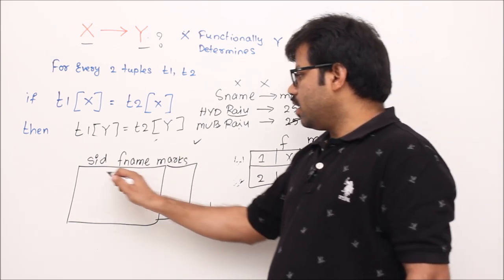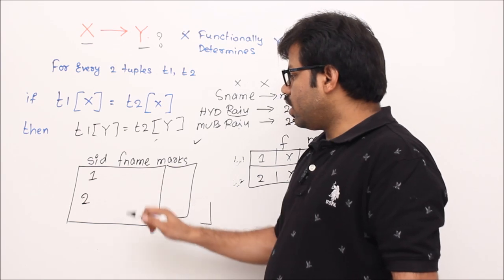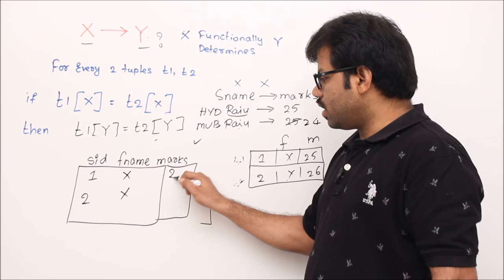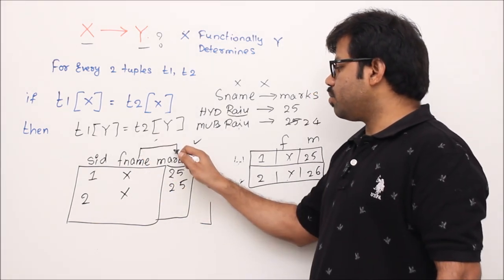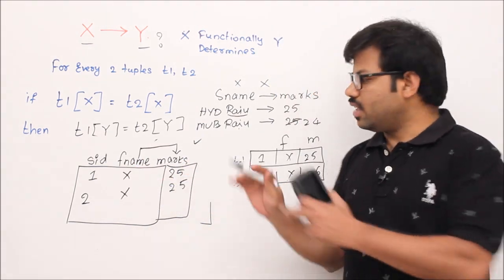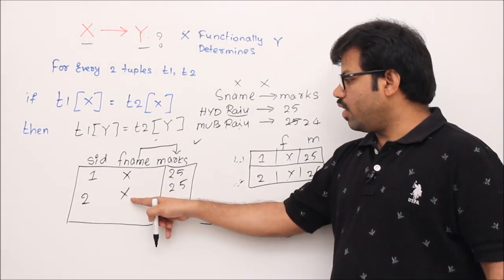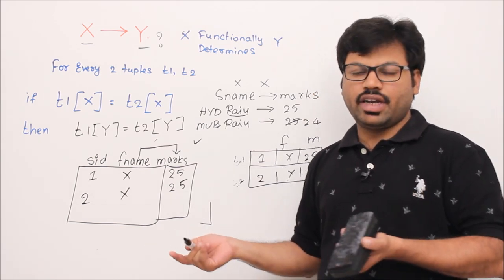They say like this: sir, in my table there are two students, 1 and 2, father name X and here also X, and both are having the same marks. See sir, now can I say that father name determines marks? Don't say that. In this particular instance, in this snapshot or photo, it appears that father names are equal and marks are also equal. It doesn't mean that every time it happens, right?